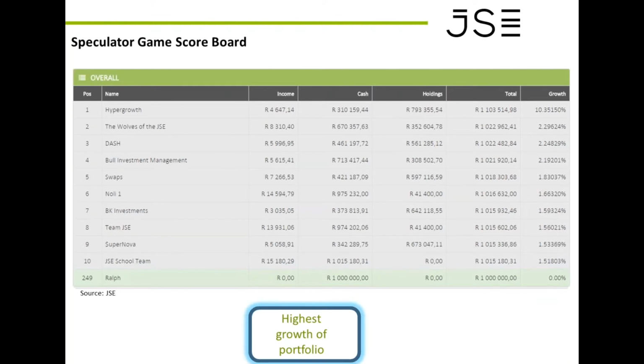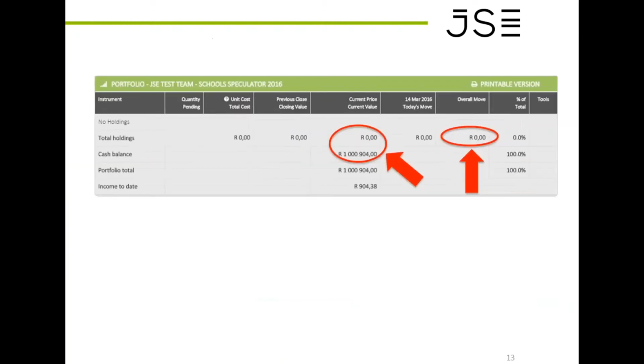So again, highest growth wins, and that's all that matters. And you will see in your portfolio, you've got nothing today. You're holding nothing. You've got the R1,000,000 cash. You can spend it as you please. And you've got all 397 roughly companies listed on the JSE right now that you can invest in, and warrants.